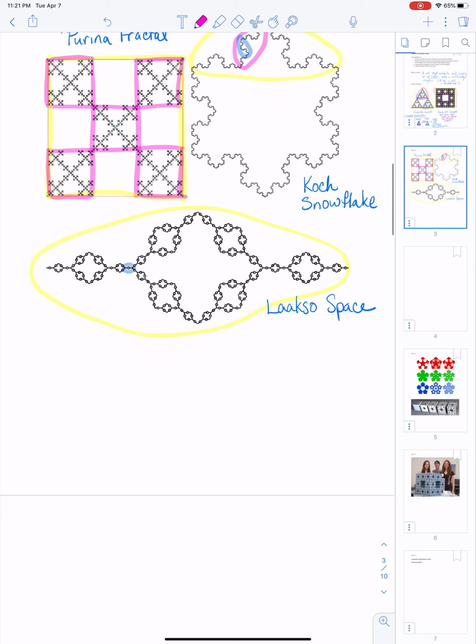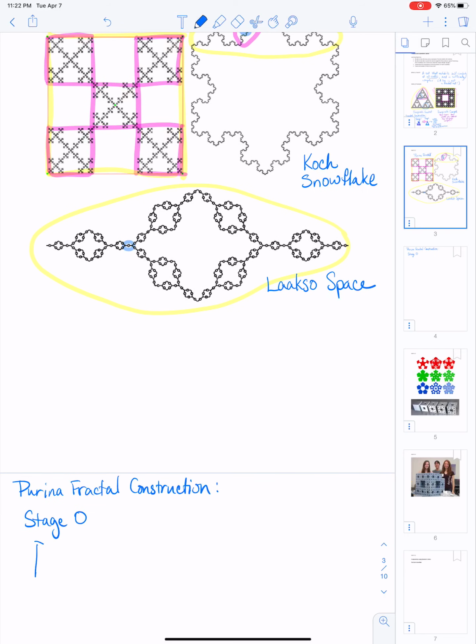So let's talk about this Purina fractal. We'll label stage 0. What are we going to start with? We'll start with a solid square, which is going to be all colored in.